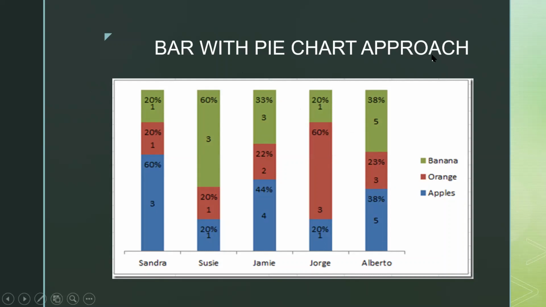This one is just very rare, but just in case you encounter it, at least you would know how to approach this. So if it's a total of 100%, and of course it's in percentage, then automatically you have to use the pie chart approach, even if it's a bar graph. However, if it's not a total of 100%, even if it's in percentage, then it's not a pie chart. Probably it's just a bar graph.